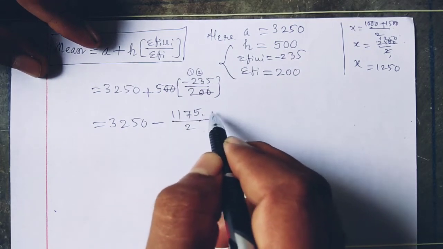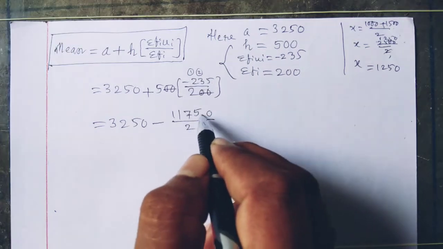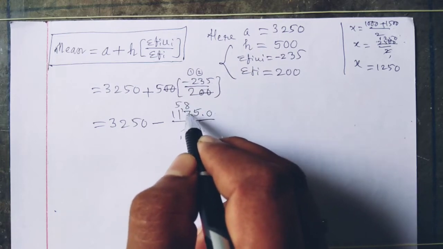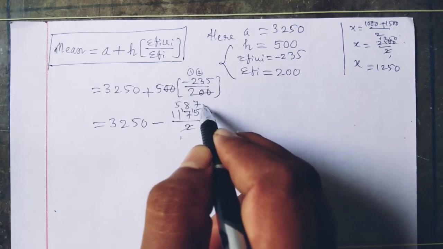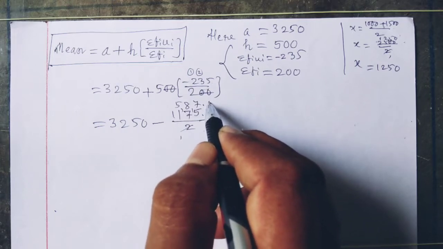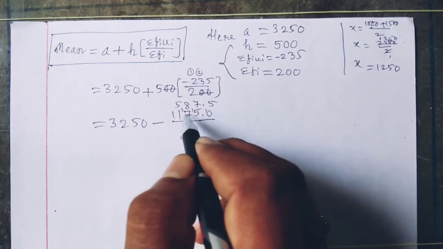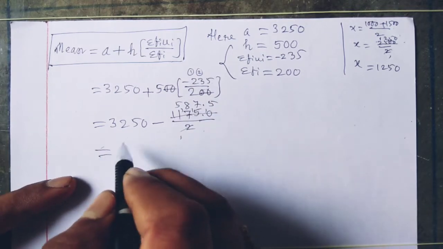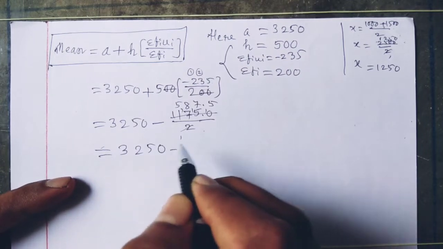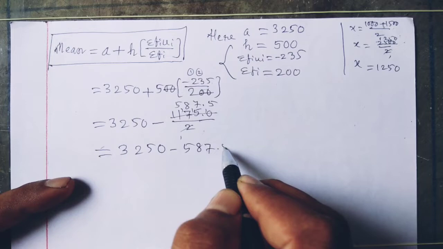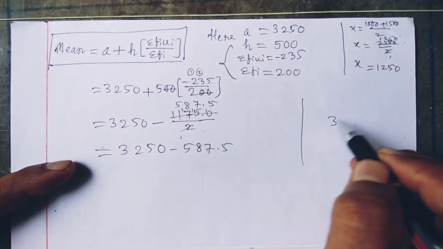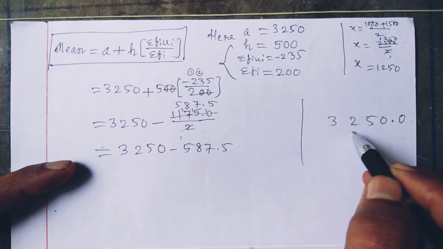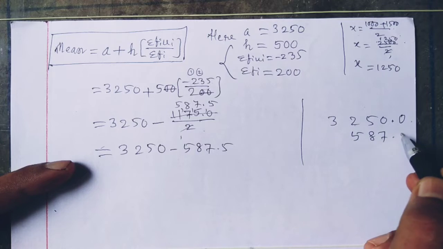To divide exactly, we have to put a decimal point and zeros, which gives 587.5. Now we have to subtract this: 3250 minus 587.5.